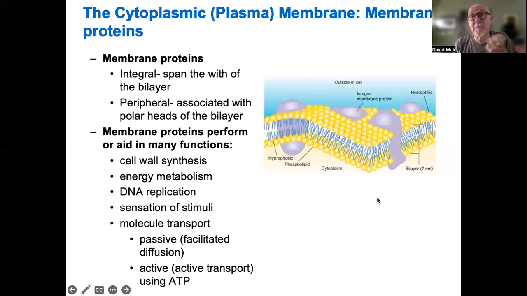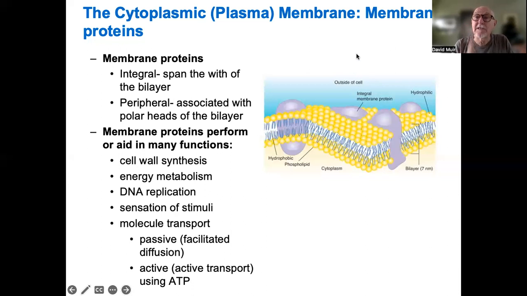But many of these proteins are involved in active transport. And the reason that is so important is because it allows the cell to concentrate molecules inside, even when they're relatively rare outside. If molecules are accumulated inside at high concentration and they are low outside, the process of diffusion would tend to force those molecules to move out.